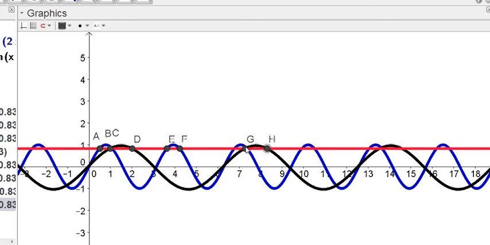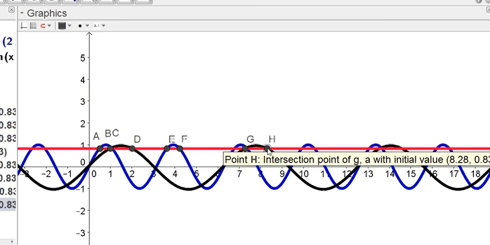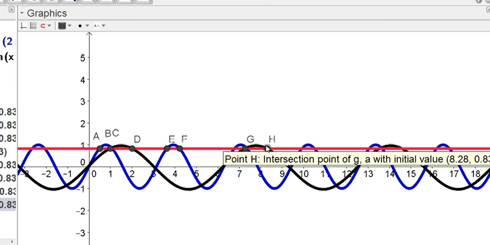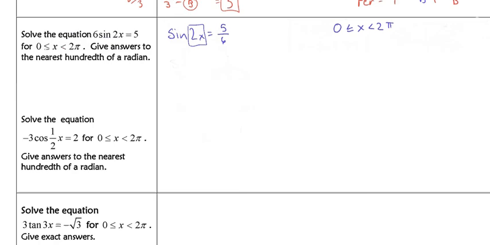And that point, if the x value were divided by 2, would end up at E. Likewise, H corresponds to point D. If you added one full cycle, one period, to D, we would end up with H, and that value divided by 2 would give us F.